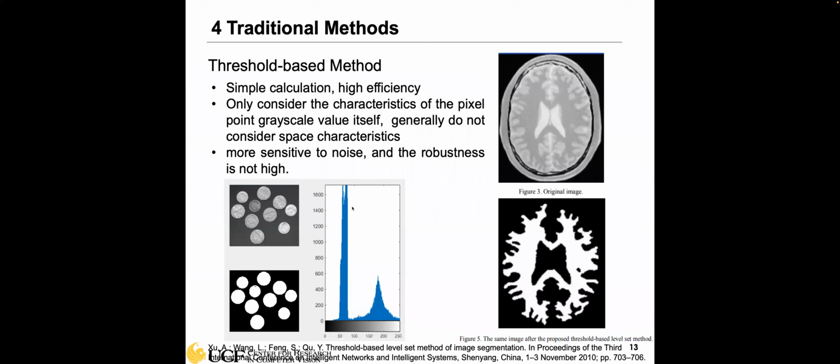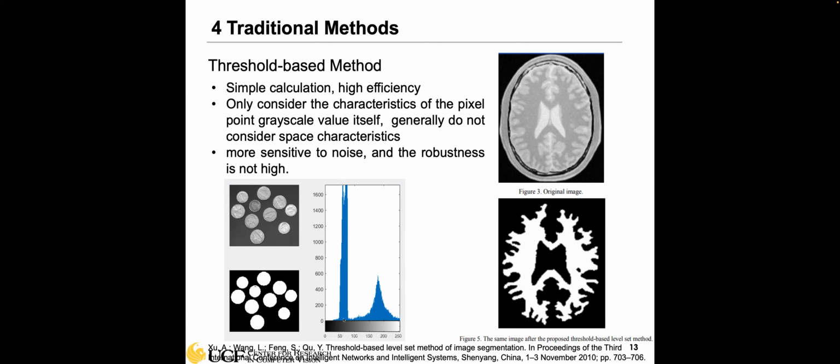The threshold-based method is very simple to use. The basic idea is you consider the pixel intensity itself, but without considering the spatial characteristics. So if you have an image here, based on the pixel intensity, you can plot a histogram, indicating how many pixels fall into each intensity.